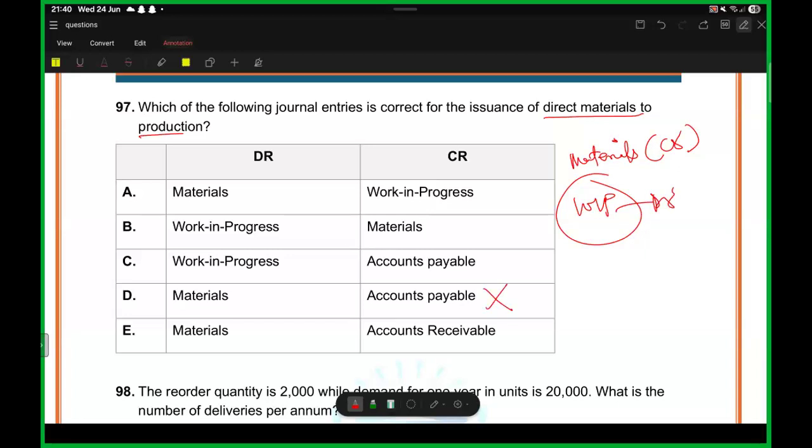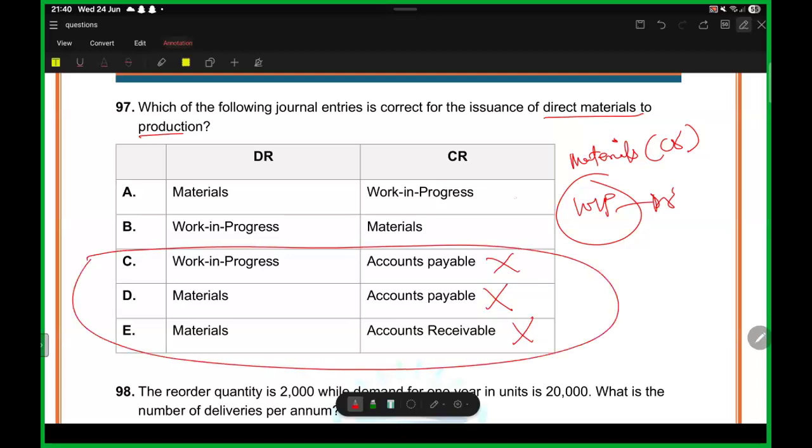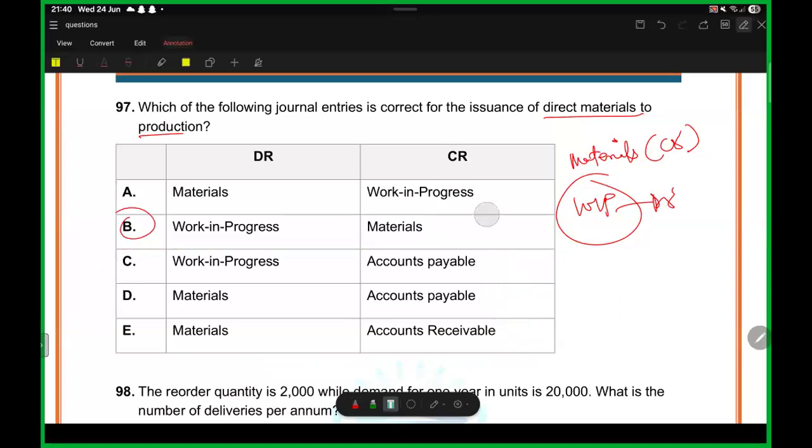It's within the production department, and we are just issuing from the store to the production department. So accounts receivable and accounts payable will not come in. Our focus should be here: which one is giving, which one is receiving? Material is giving, so credit the giver. Production is receiving as WIP, so you debit production. So the answer is B. Are we together? Yes, please. Okay.